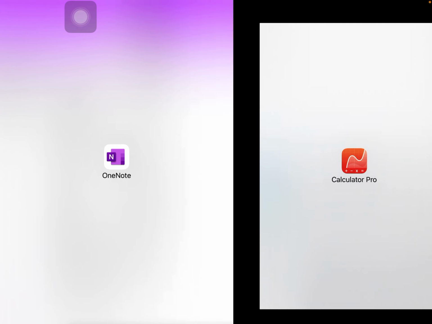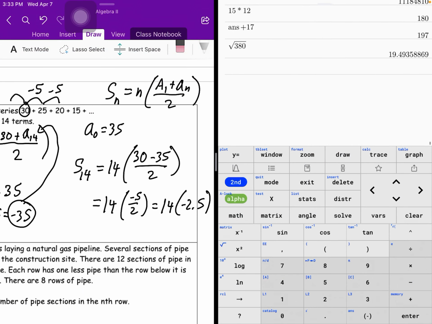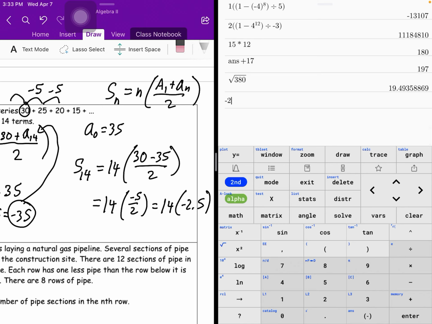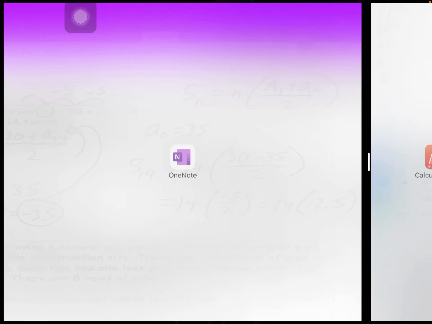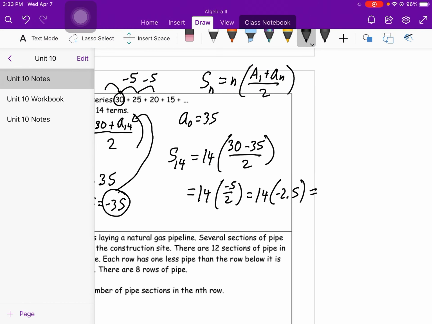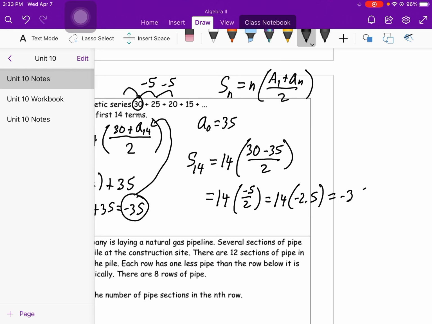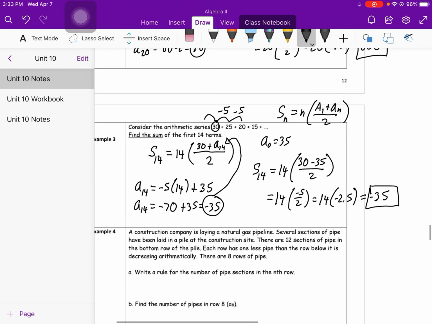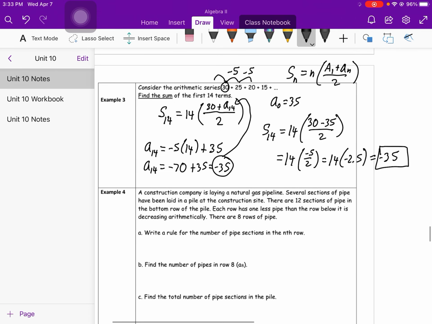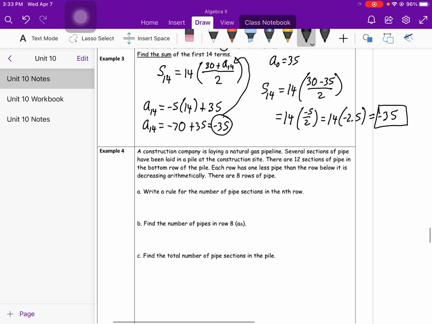And I'm just going to do this. I believe it's going to be 35. Negative 2.5 times 14. And we do get negative 35. All right. That's how we do that one.